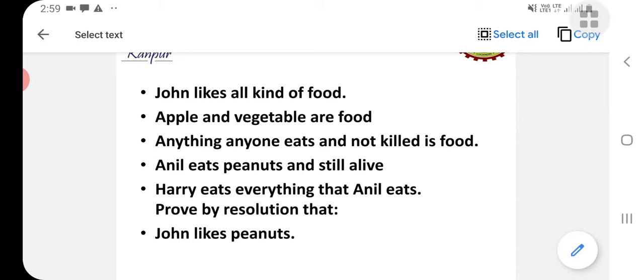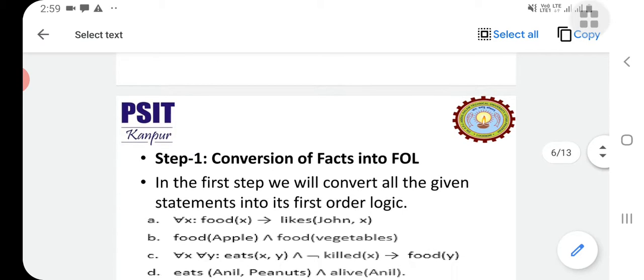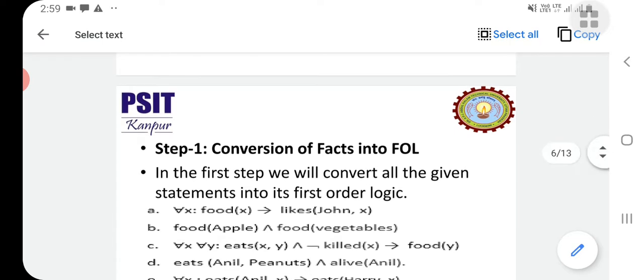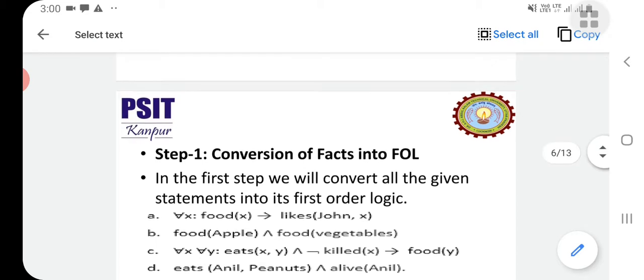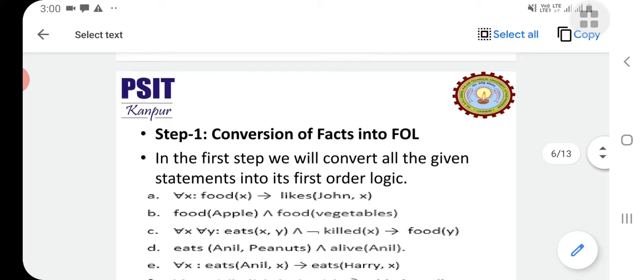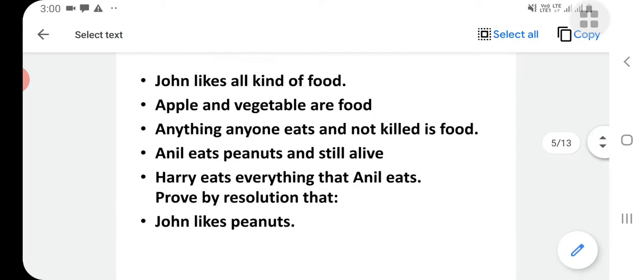So try to understand. John likes all kind of food. All means for all, it's a universal quantifier. So in this case, point A: for all x, food x. Your statement is John likes all kind of food.